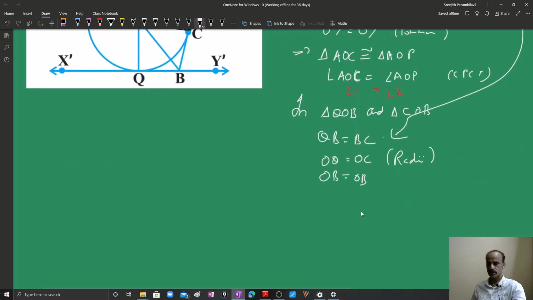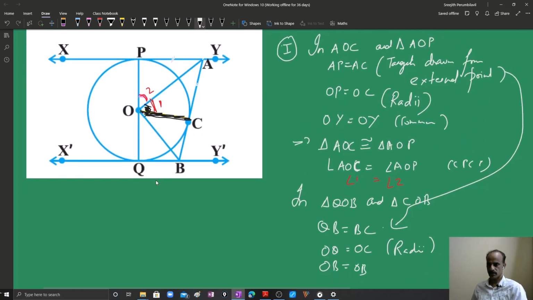In the same way, you can show that triangle QOB is congruent to triangle COB. That means these two angles are also equal.